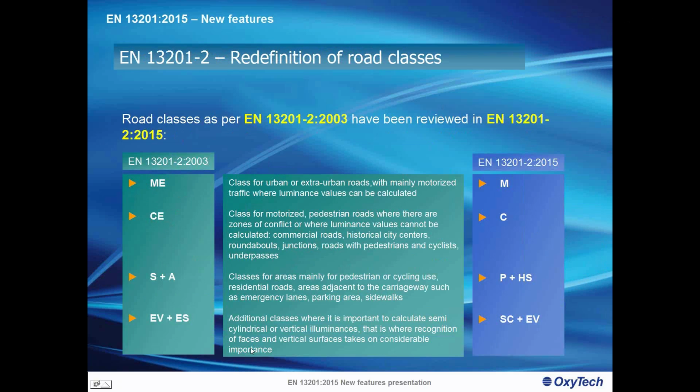Let's analyze now in detail the different sections of the new standard. Let's start with section 2, the redefinition of road classes. It was one of the main activities performed on this section of the standard.